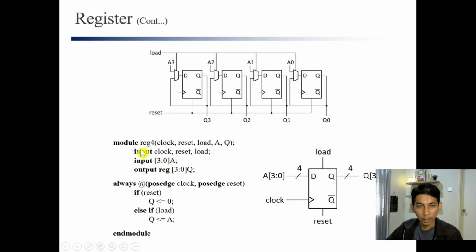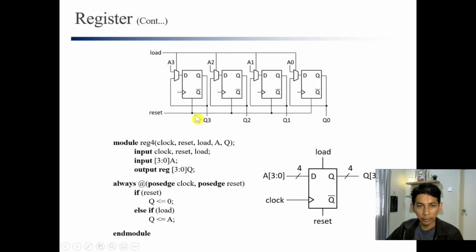All right, so let's look at the code here. Module reg4, clock, reset, load, A, and Q. So let's look at the input list. You have clock. Where is the clock? Here is the clock. This is the same clock, connected together. And you have reset.